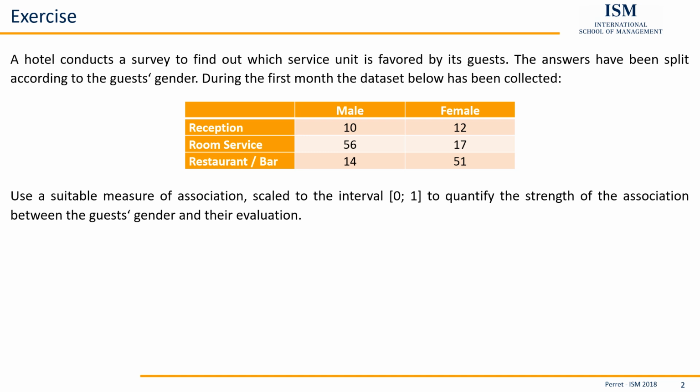As we also have the task to find a measure of association scaled to the interval 0 to 1, it couldn't be chi-squared, so it needs to be the corrected contingency coefficient. So we will aim to get this.